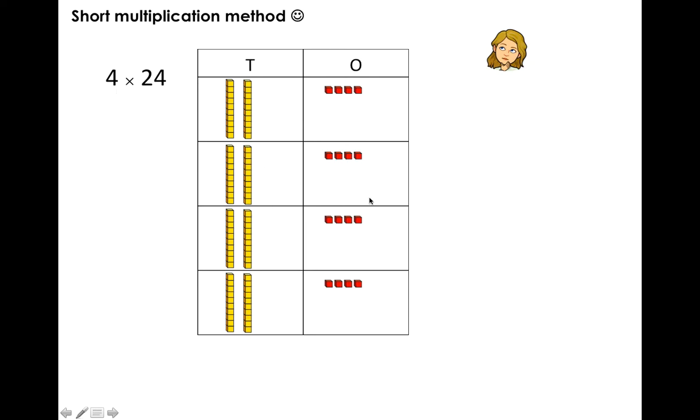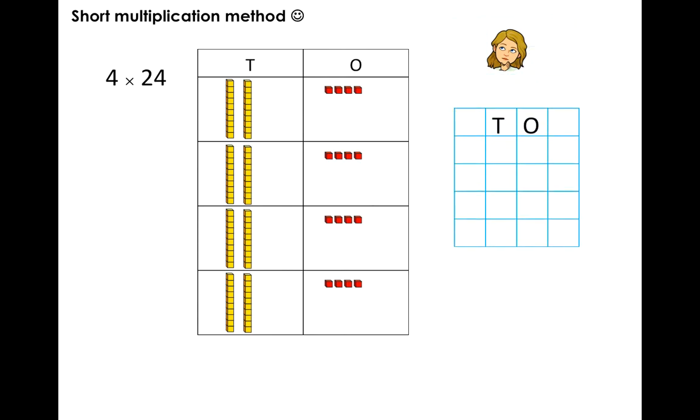When I'm setting up my short multiplication, I start with my 2-digit number, my biggest number. That goes underneath, the 2 in the tens column and the 4 in the ones column. Then we've got our multiplication symbol and our 4 ones, because we're multiplying by 4, as we've got 4 groups. Now, we always need to start in the lowest place value column, which is the ones.